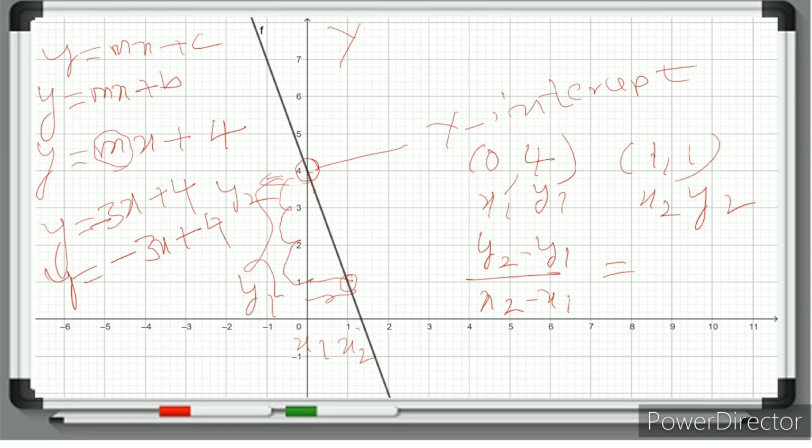Now what is y2, boys? 1. Then minus y1, 4, divided by x2, 1, minus x1, 0. So 1 minus 4 is minus 3, and 1 minus 0 is 1, that is minus 3. So I got the value as minus 3. So we construct the equation of a line like this, boys. So remember, slope is nothing but rise over run.